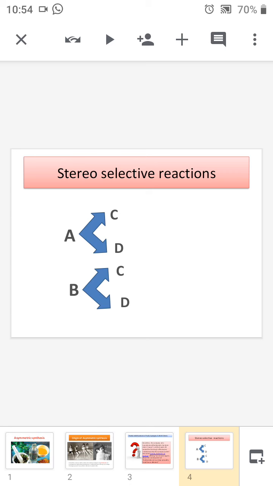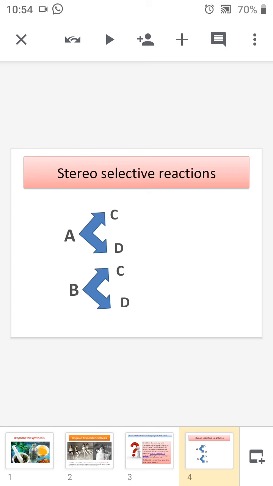This type of reaction is known as a stereoselective reaction. A stereoselective reaction means any chemical reaction which gives stereochemically different isomers.